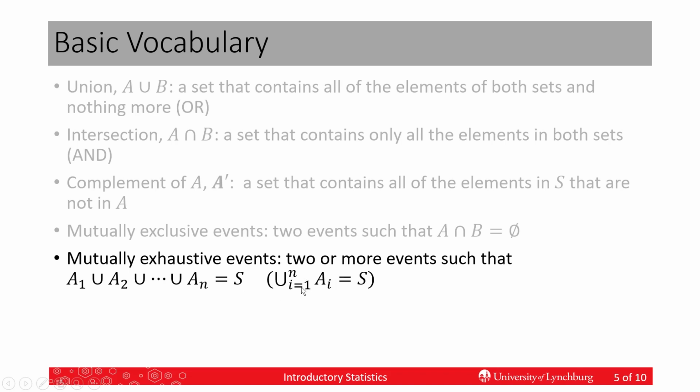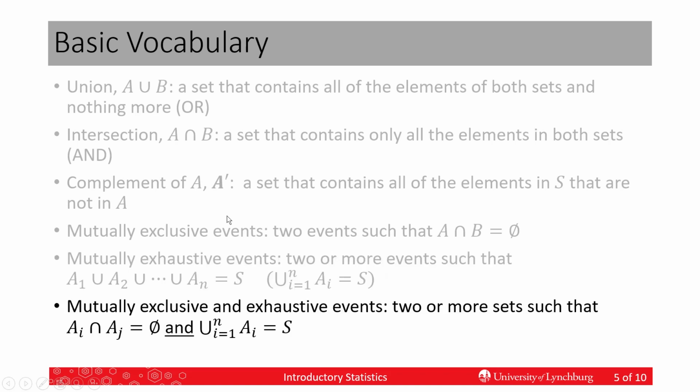And it can be written in this form like a summation: union from i equals 1 to n of A sub i is equal to S. Now you can be mutually exclusive, or you can be mutually exhaustive, or you can be both. And so if you're both mutually exclusive and mutually exhaustive, 2 or more sets, then any 2 of the sets are empty in intersection, or disjoint, or mutually exclusive, and then the union is also equal to the sample space S.